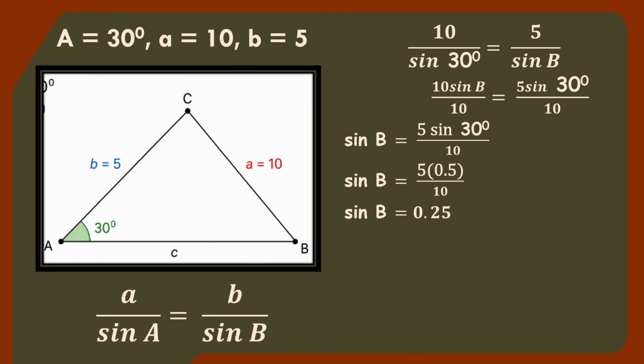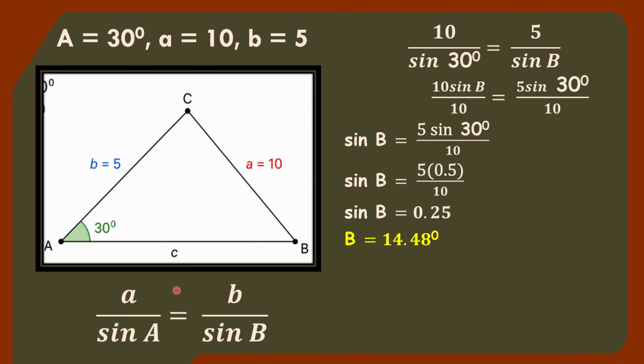So sine B is equal to 0.25. Afterwards, let us get the value of angle B. So shift sine 0.25, that is 14.475, so rounding, B is equal to 14.48 degrees.